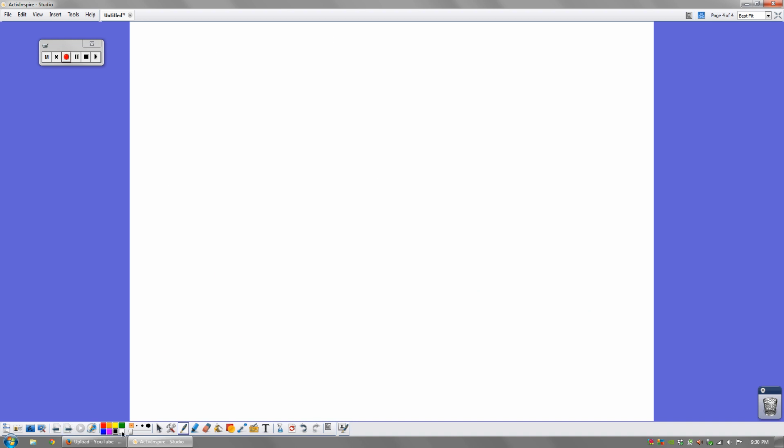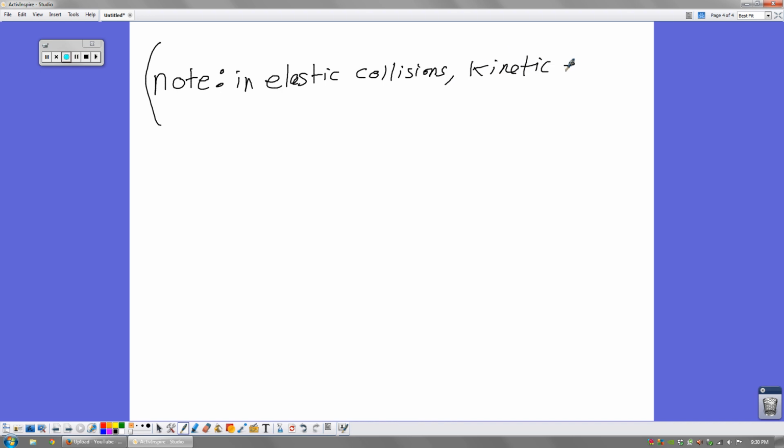Okay, so now I'm going to give you something that I want you to write down in parentheses and then completely ignore until next unit. Note: in elastic collisions, kinetic energy is also conserved.